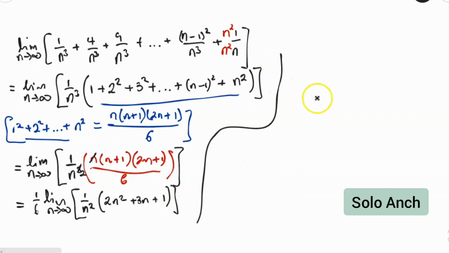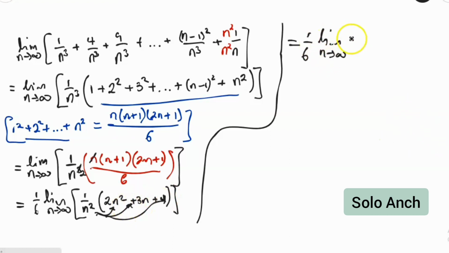So maybe let's move up here. So this becomes, well, let's see. That is the limit. Okay, 1 over 6 times the limit. So let me put the 1 over 6 out here, times this limit, that's the limit as n tends to infinity of, well, we'll distribute this 1 over n to everybody inside. When we do that, you notice that some of them will cancel out, like n squared will cancel out with this n squared, n will cancel out with one of the n's, and then 1 is just 1, so 1 will not cancel out with anything.